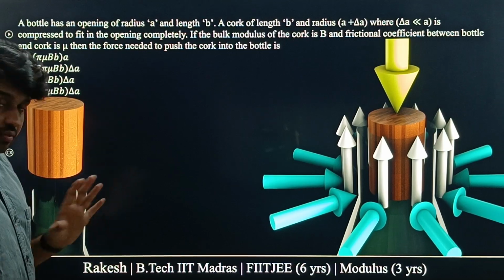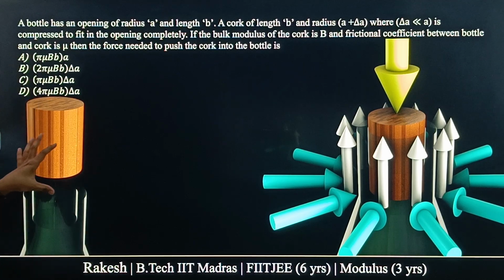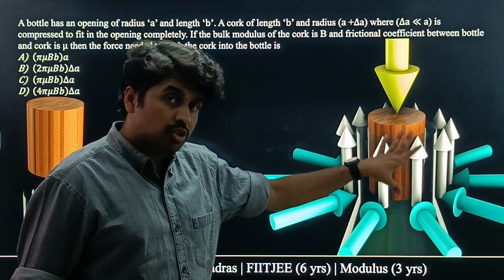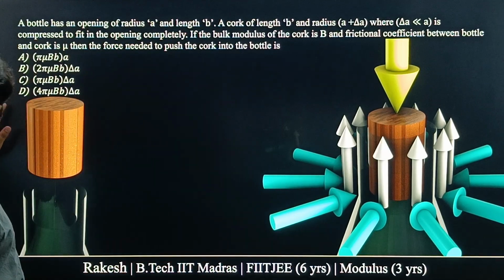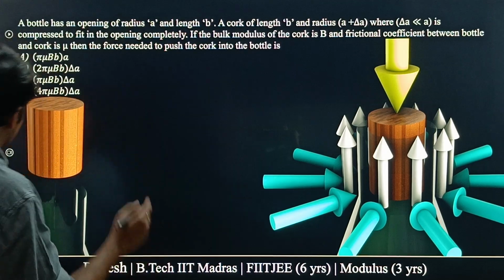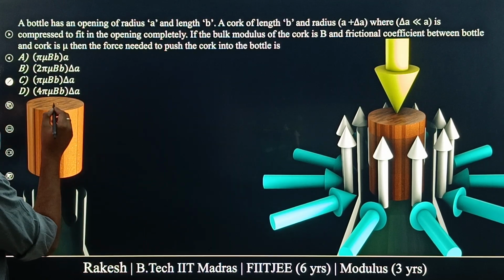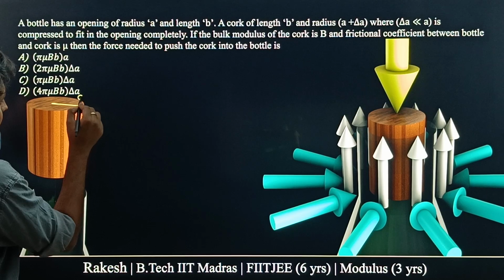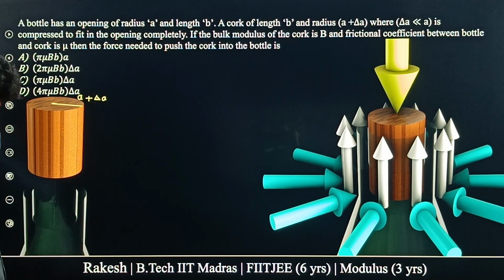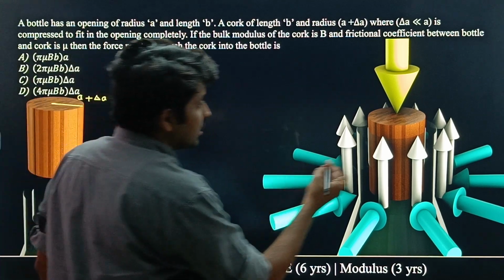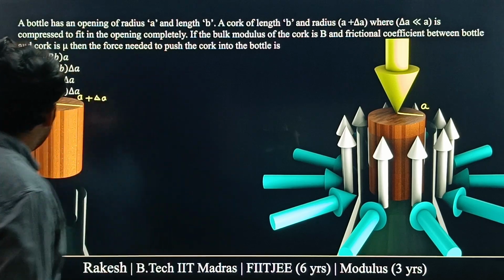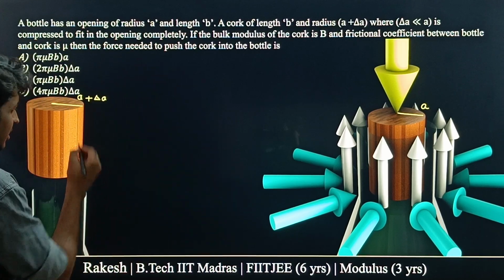See, I've drawn two diagrams. This is initial and this is finally, when the cork is pushed inside the bottle. Let me mark a few things here. Initially, the radius was A plus delta A. Finally, what is the radius? Here the radius is A. Let us mark the length also.